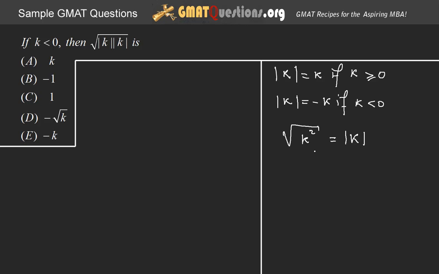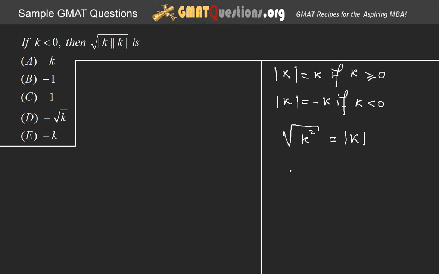In order to make sure that it is positive, we put the absolute value. And by the way, it could be 0 also. By convention, the square root of a number has to be a positive number or 0. It cannot be negative.